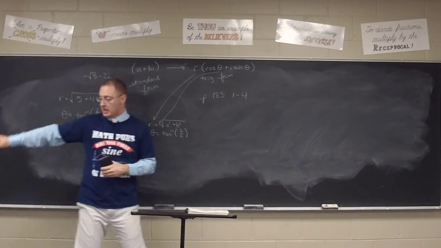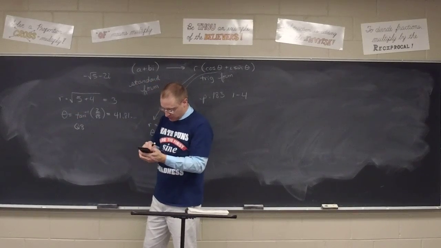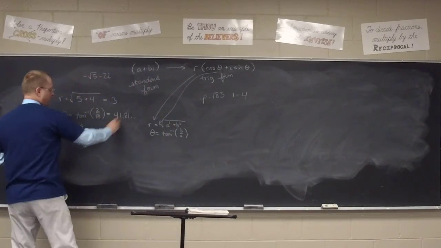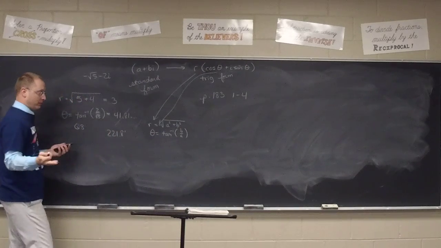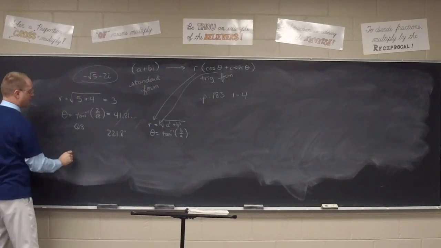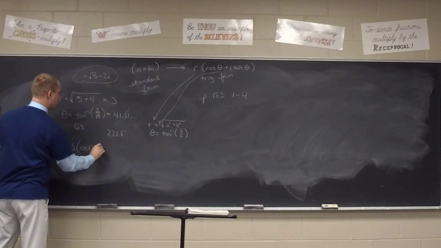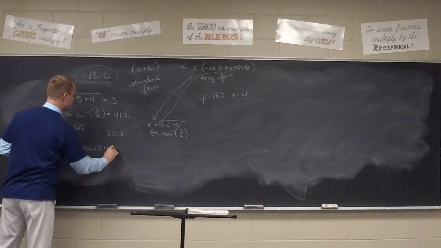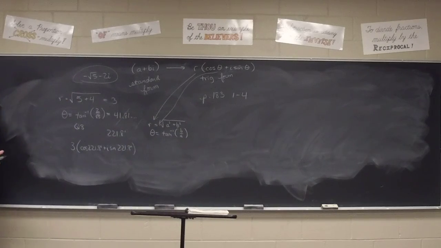So in quadrant 3, we're going to take 180 and add this reference angle to it. So how big is the real angle? 221.81. 221.8 when we round to just that one decimal place. So this number in the trig form becomes 3 times the cosine of 221.8 plus I times the sine of 221.8 degrees. And there's my answer.